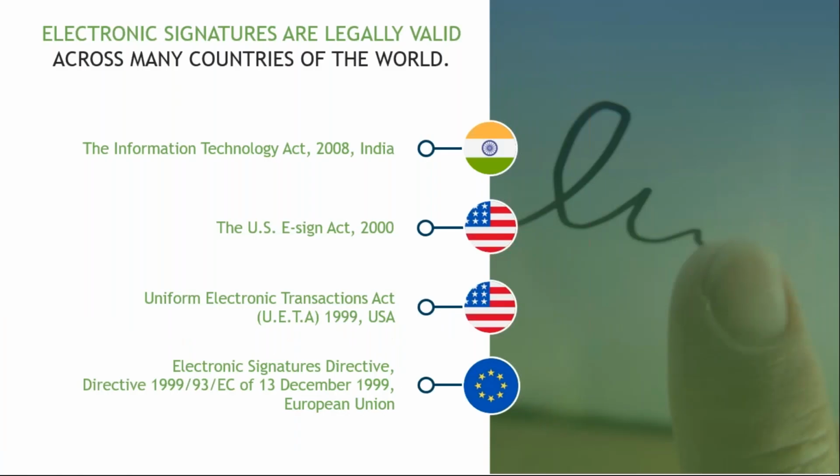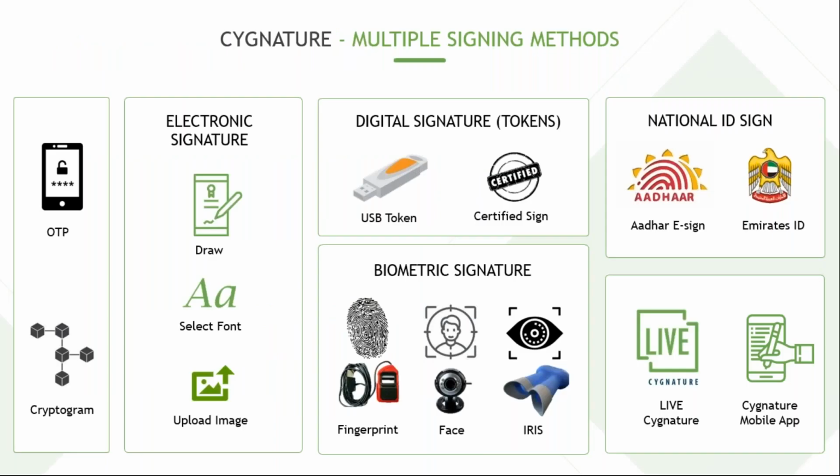As you all know, in most countries, the Information Technology Act and the Electronic Signing Acts have allowed electronic signatures as legally valid. This is a very good step from all the governments to move into the digital age. And even in India and the US, all the technology acts allow electronic signatures as legally valid.